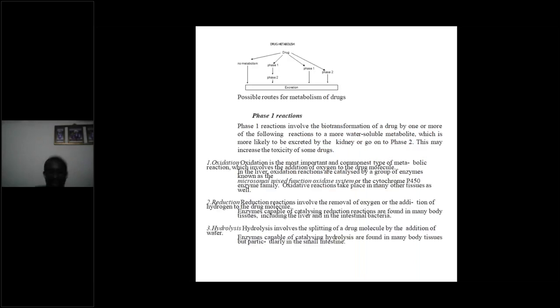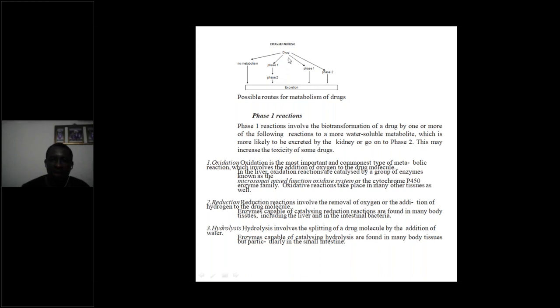So we're going to look at the metabolism process. If you look at my cursor here, you see the drug. Some drugs may not be metabolized and they'll just go to excretion. Some other drugs can pass through phase 1 metabolism and phase 2 metabolism before they're excreted.